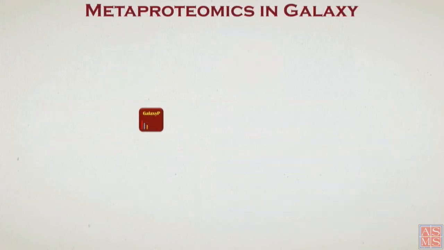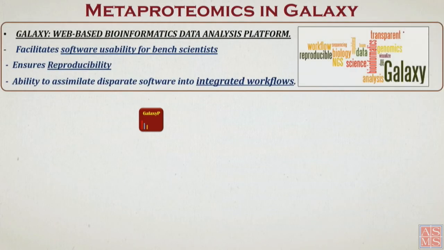So in order to address this, we presented last year our solution of using Galaxy, which is a web-based interface, as a bioinformatics platform. Now, Galaxy is a web-based interface that facilitates software accessibility to web bench researchers.